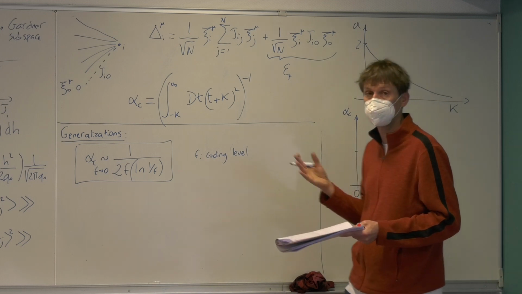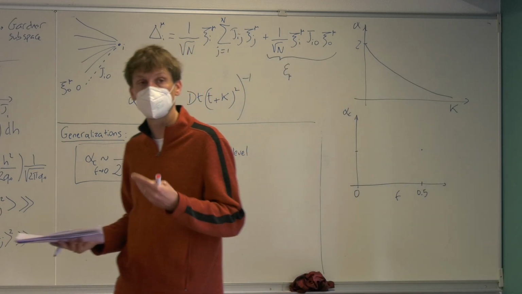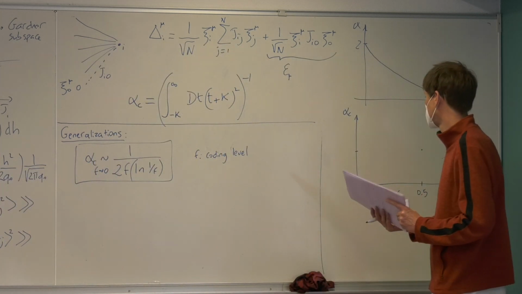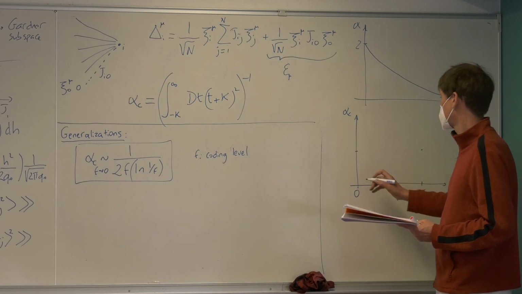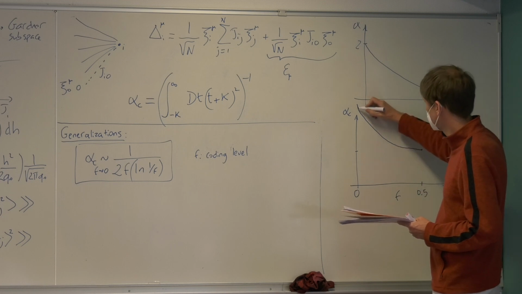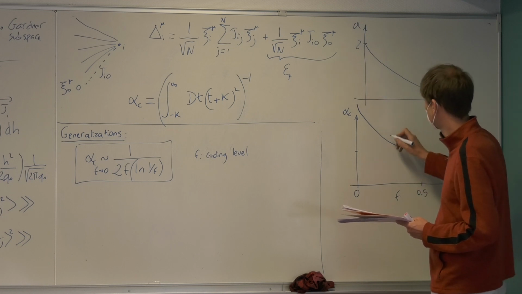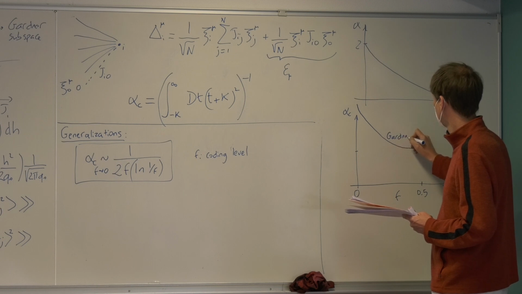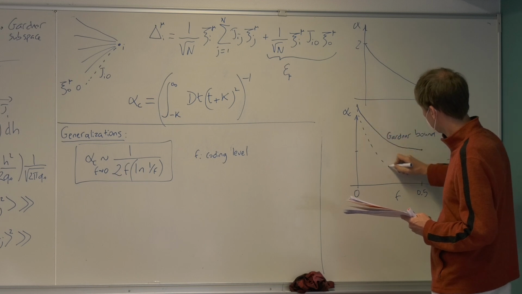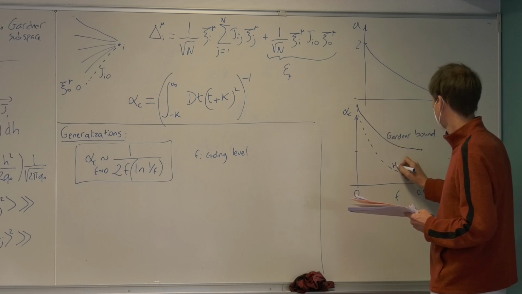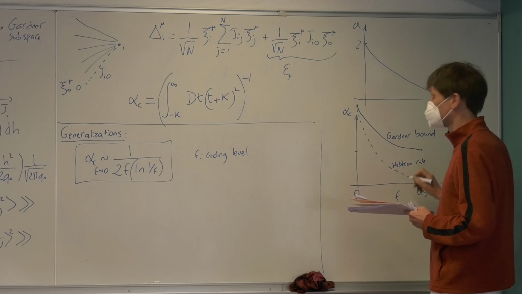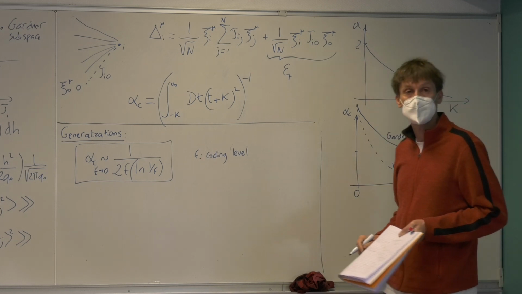This is also sometimes called the Gardner bound because no connectivity matrix can have a capacity that's above that bound by definition, because the Gardner volume of weights vanishes at that point. So this Gardner bound has this shape, and this is for a Hebbian rule, the capacity for a Hebbian rule. Okay.